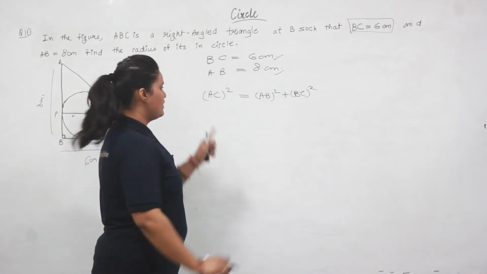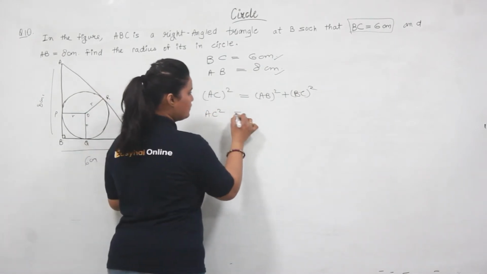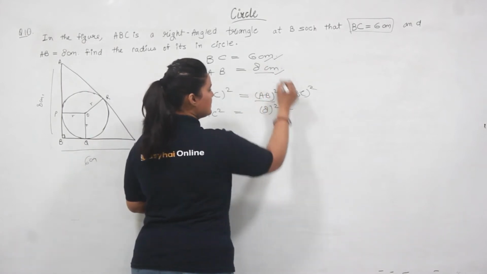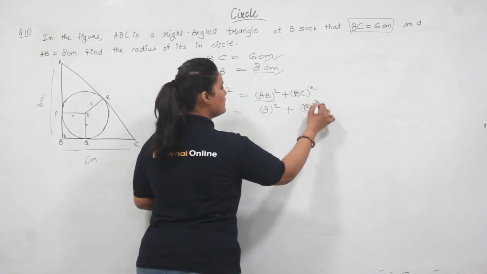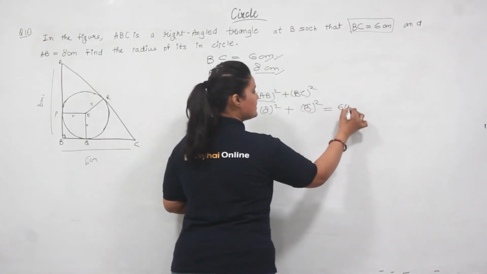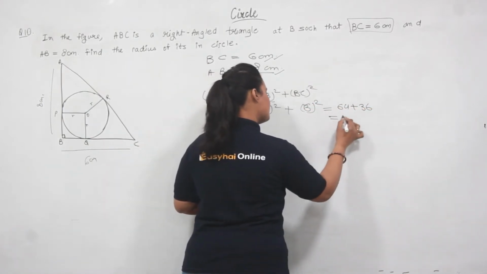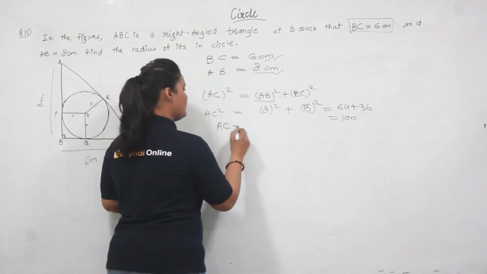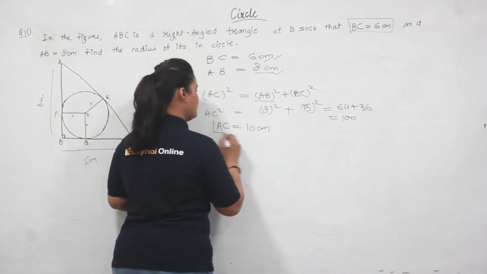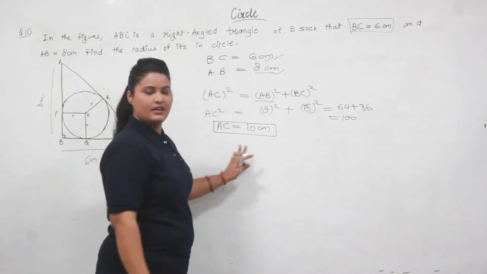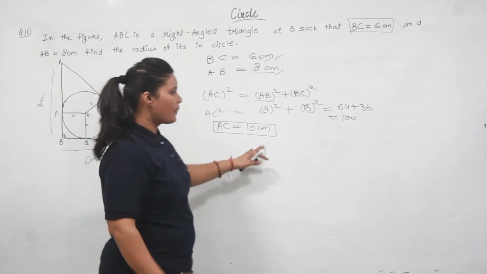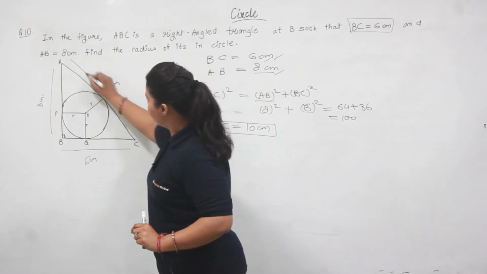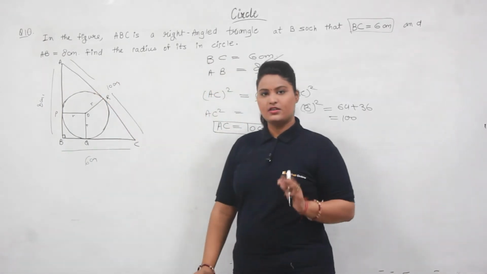AC square is equal to 8 square plus 6 square, which is 64 plus 36, which is equal to 100. Right? And AC will be 10 centimeter. Clear? No doubt. AC is equal to 10 centimeter. Now I have the length of all the sides of the triangle.